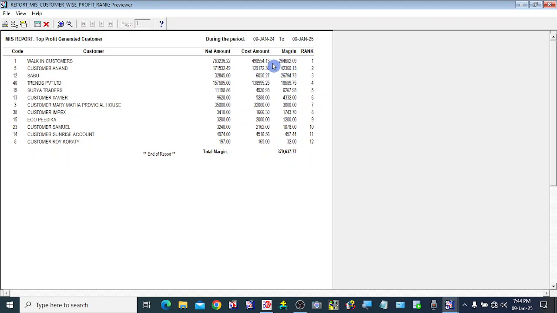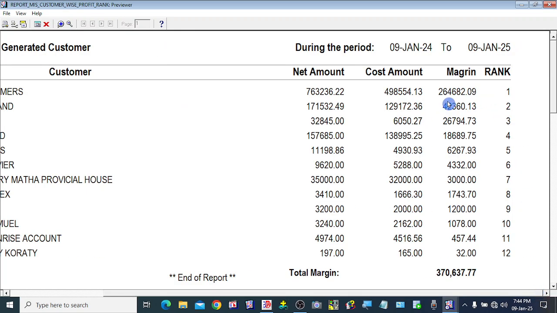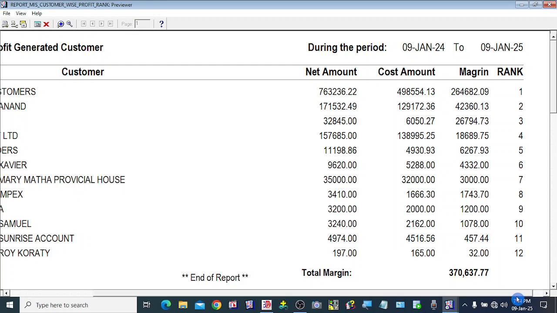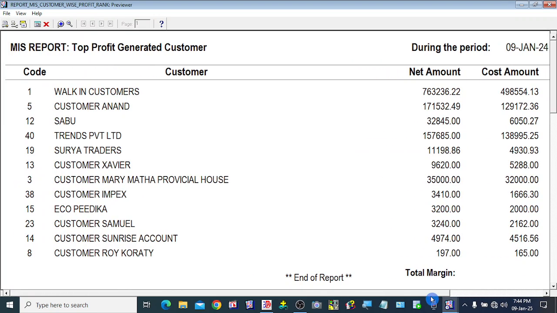who has purchased goods from us, and out of the walking customer we have generated a margin of 2,64,682. To understand who is the exact counter customer, by running the walking customer history we can easily identify who is the top sales generated counter customer during a specific period of time.